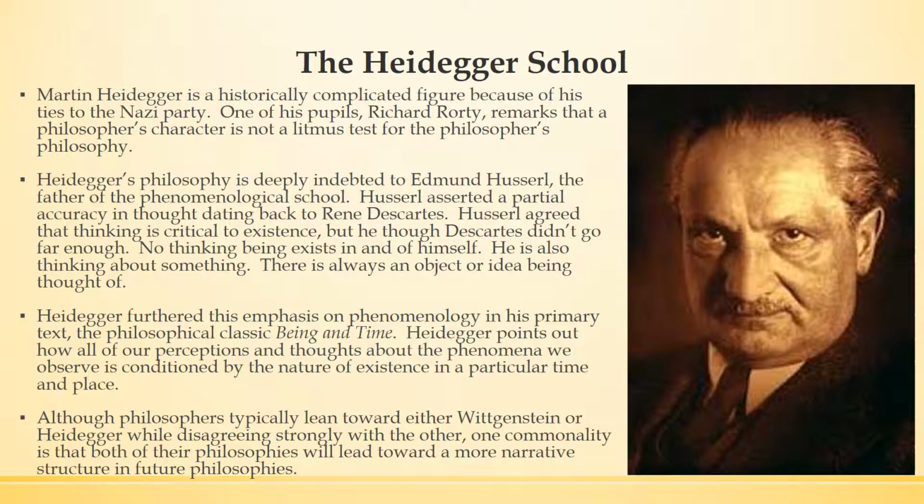Now, Heidegger would take this basic tenet of Husserl's and he would flesh out this phenomenology even more. And I do want you to know the name of his primary text. You cannot talk about Heidegger without talking about the text Being and Time, where Heidegger points out that all of our perceptions and thoughts about the phenomena that we observe, well, all of those things are conditioned by the nature of existence in a particular time and place.